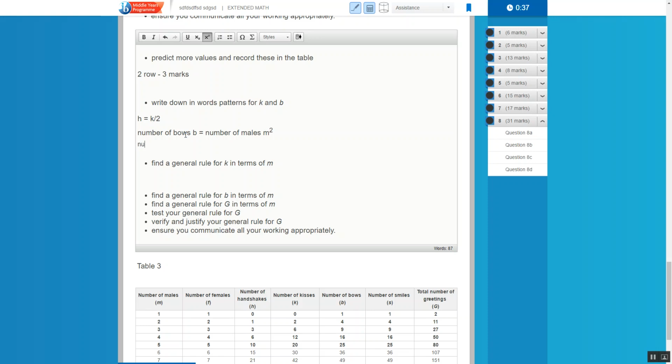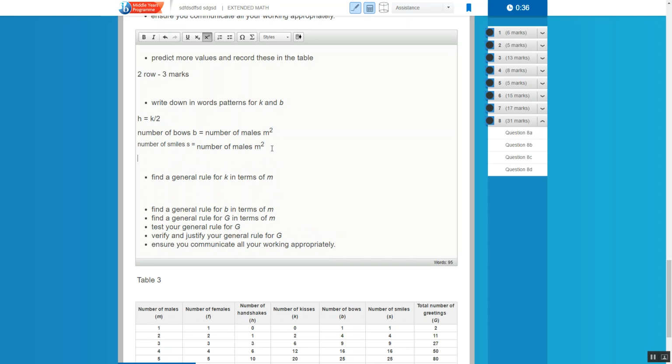Yep, the number of smiles is equal to the number of males squared. I also noticed that, so that means that the number of smiles is equal to the number of bows. Okay, so this is going to pick you up into, like I said, 4 marks in terms of this part of the question.